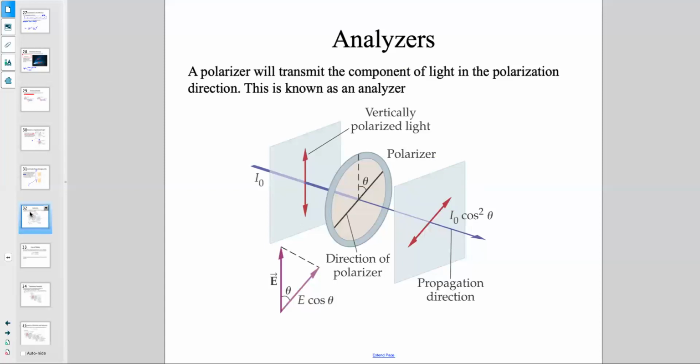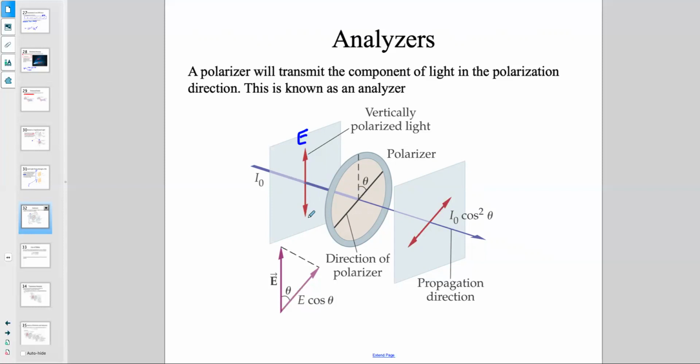We have a polarizer that transmits the component of light in the polarization direction. I have incoming light which is vertically polarized, and this is the direction of the E field, by the way, with initial intensity of I0.